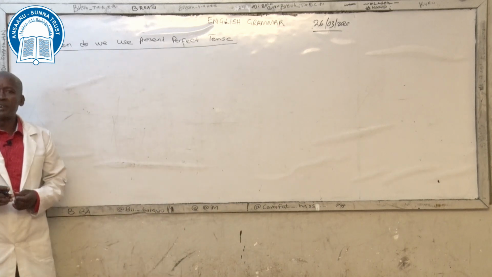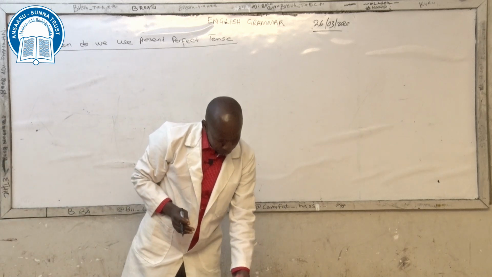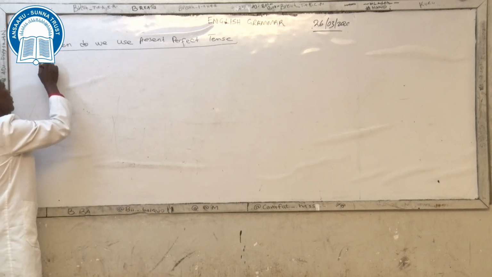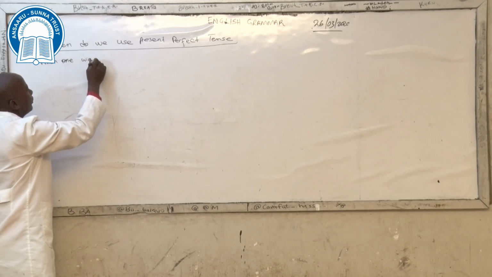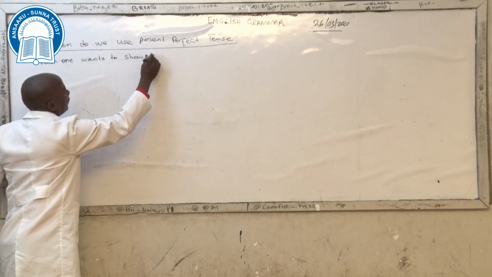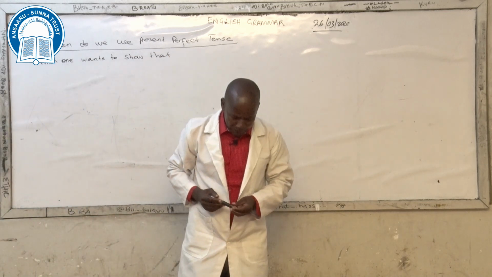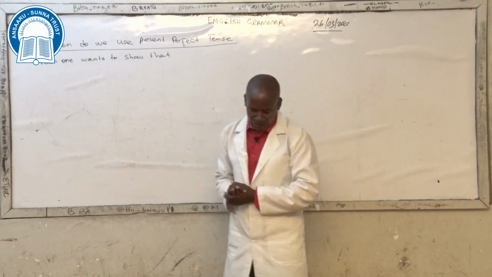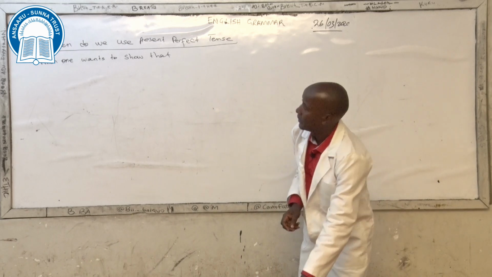When do we use present perfect tense? We use present perfect tense when one wants to show that an action that was taken in the past has connection with present.